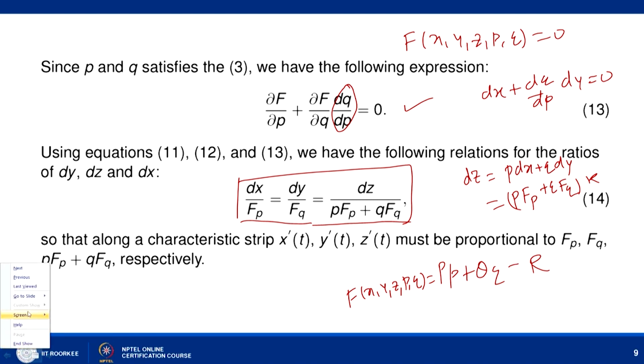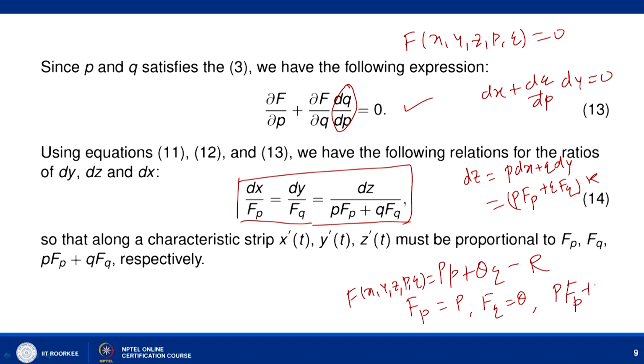Then if you look at the values, Fp is your capital P and Fq is equal to capital Q, and p Fp plus q Fq is equal to R. So this equation is now reduced to dx by P equal to dy by Q equal to dz by R, and that is how you solve your Cauchy linear problem, by solving this set of differential equations, and after solving this you can get the solution, the integral surface, as a totality of integral curves.